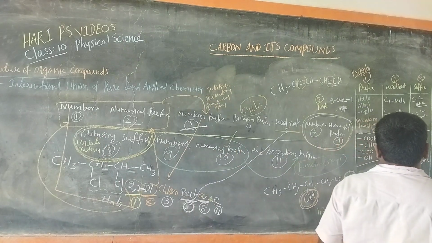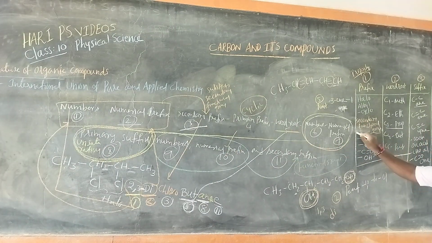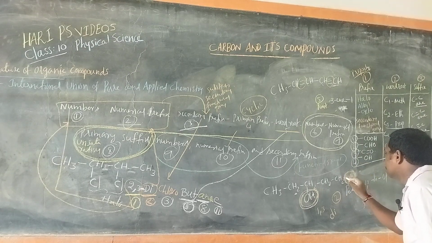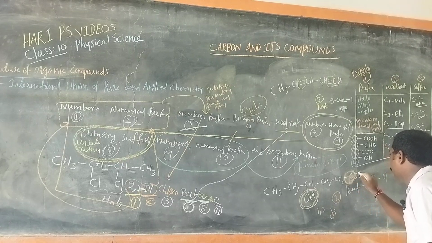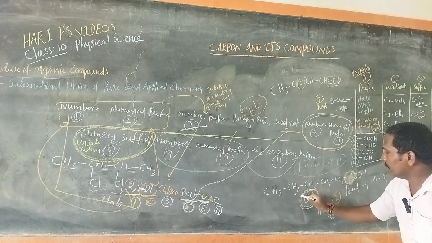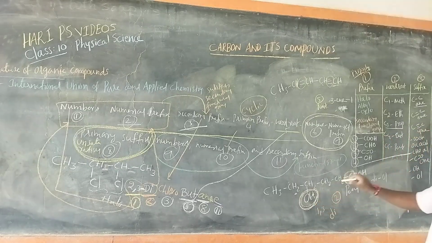The first priority for the secondary functional groups is the oic acid. Second priority, aldehydes. Third priority, ketones. Fourth priority, alcohols. For example, if it is like this, COOH and we have OH also.